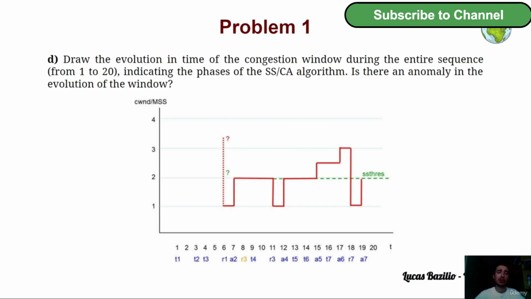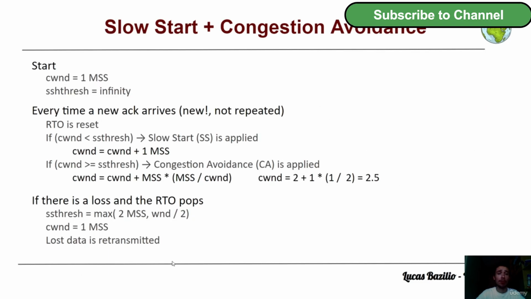Right, so it is very important to remember the algorithm and follow the slow start and congestion avoidance algorithm. This is key to solving this question D, since it is a question about this congestion control algorithm and about how the congestion window evolves and changes over time.